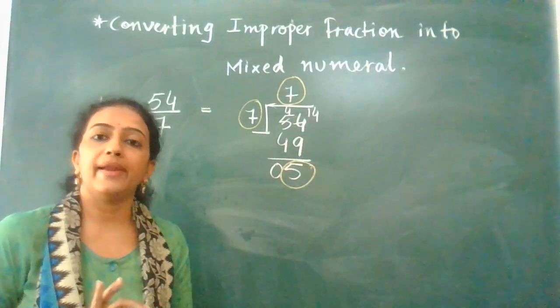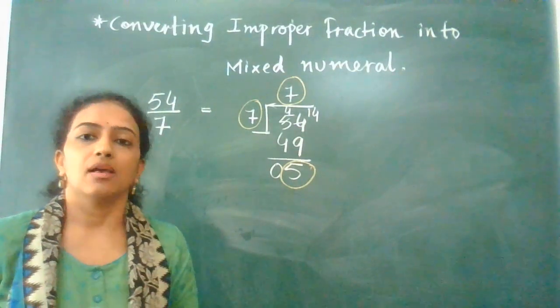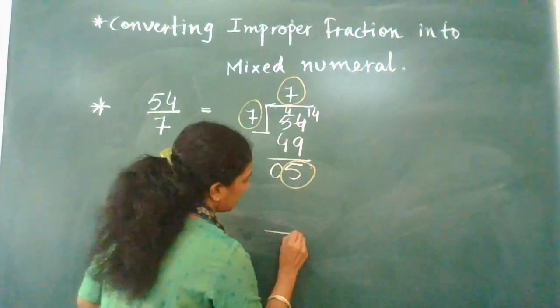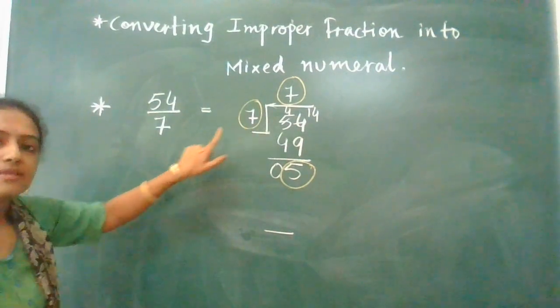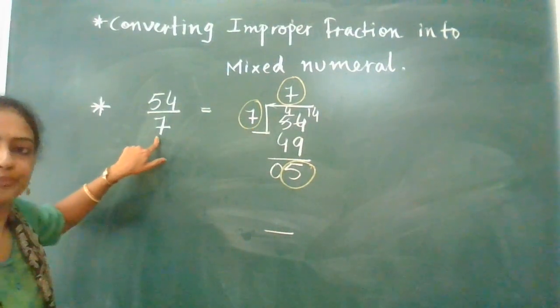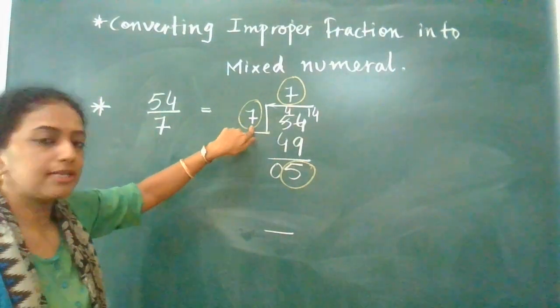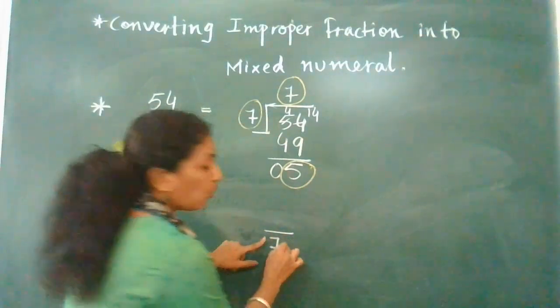Now we have to arrange all 3 numbers into a mixed numeral according to the fraction. We know that the divisor is the denominator. This 7, which we have put as a divisor, is the denominator, so it will go back to its own place.